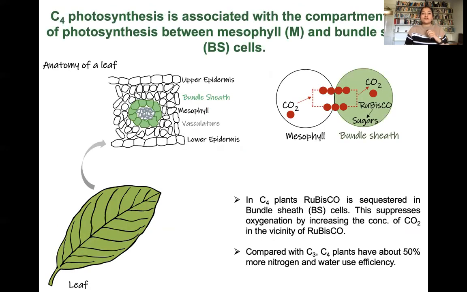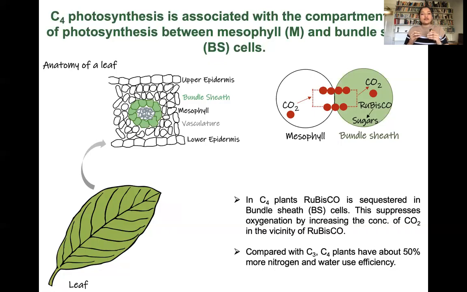So C4 photosynthesis is associated with compartmentation of photosynthesis between two different cell types, the mesophyll and the bundle sheath cell. So if we take a closer look at the microscopic view of a C4 leaf, there are the inner cells, which are called the bundle sheath cells, that arrange themselves in a wreath-like pattern.